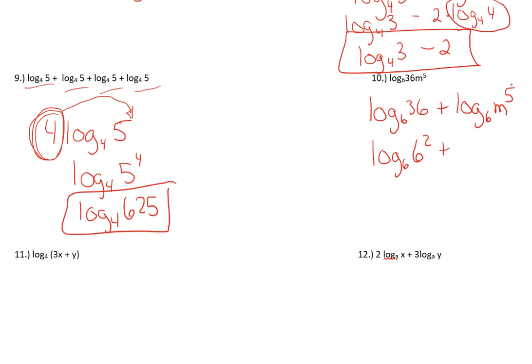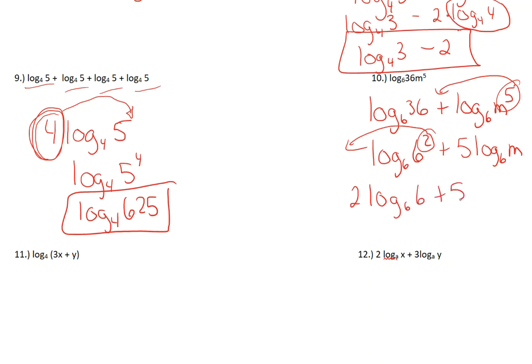I know that 5 being out in front can become a multiplier. And I'll do the same thing with this 2. I'm going to bring that out in front as well. So 2 log base 6 of 6 plus 5 log base 6 of m. This will become 1. So it's 2 plus 5 log base 6 of m.